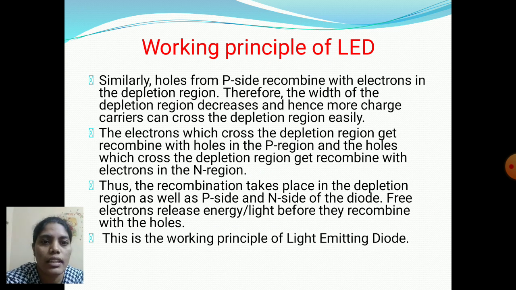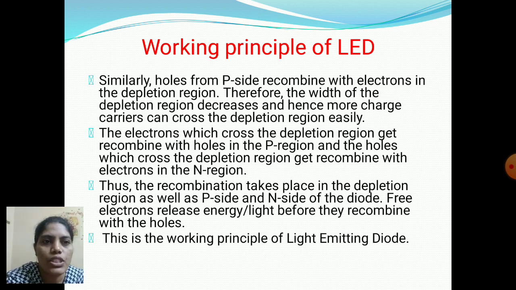Electrons in the n side, they recombine with holes which are coming towards the n side, and on the p side they recombine with electrons in the depletion region. The width decreases, and hence more charge carriers can cross the depletion region easily.